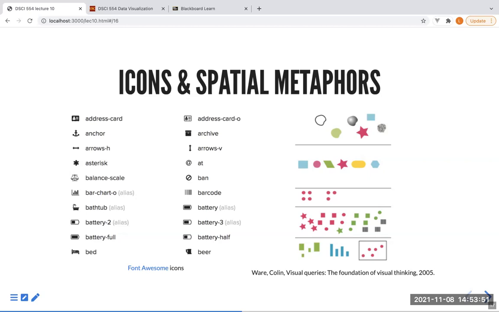It's because we're very good at remembering the symbols, recognizing them, and they have a low attention requirement. So with the anchor, you don't need to think too much to recognize that.